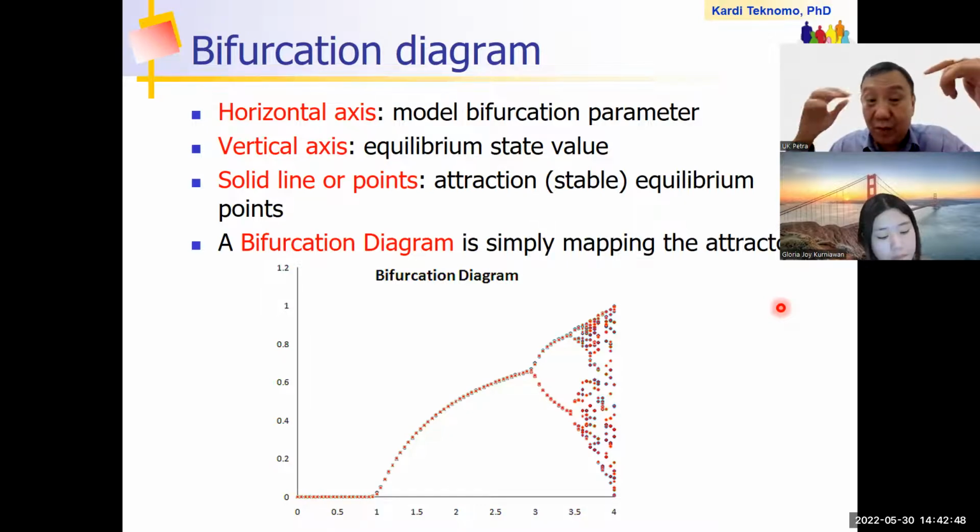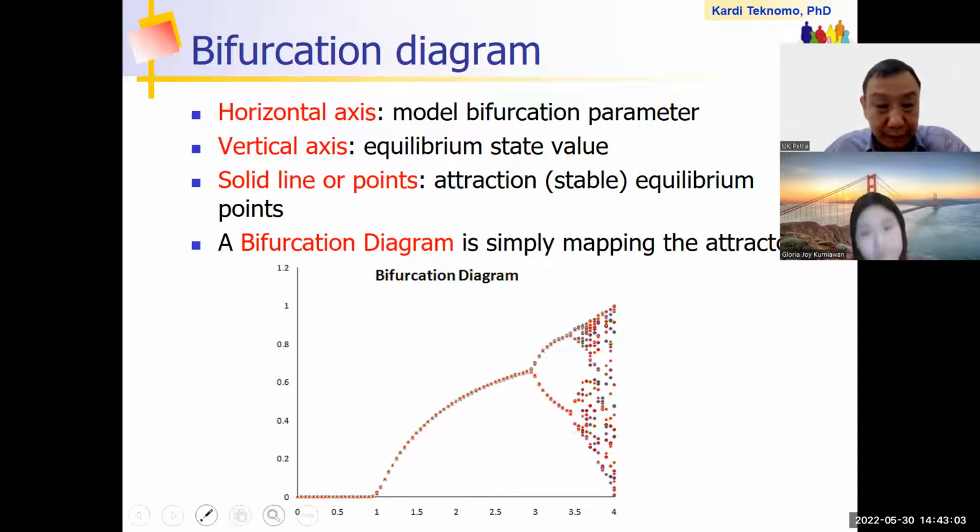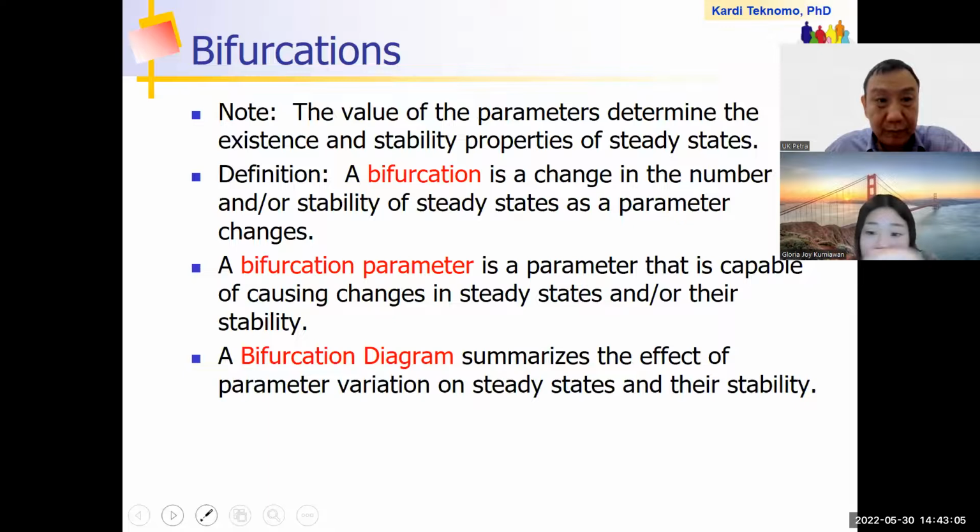in that website a while ago. You can draw the bifurcation diagram. So the bifurcation diagram is simply the mapping of the attractor points. The value of the parameter will determine the existence and the stability of the steady state, isn't it?